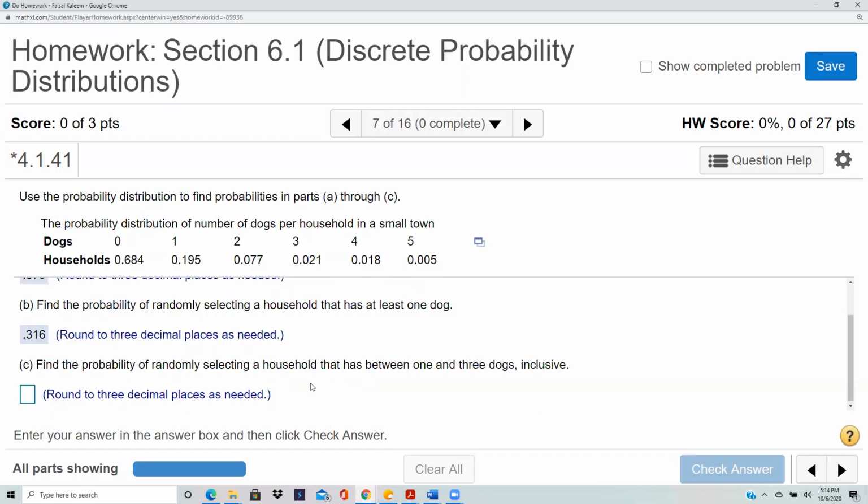Find the probability of randomly selecting a household that has between 1 and 3 dogs inclusive. So you add the 1 through 3 probabilities, so 0.195 plus 0.077 plus 0.021, so that'd be 0.293.